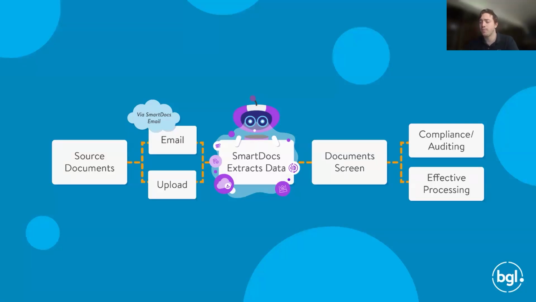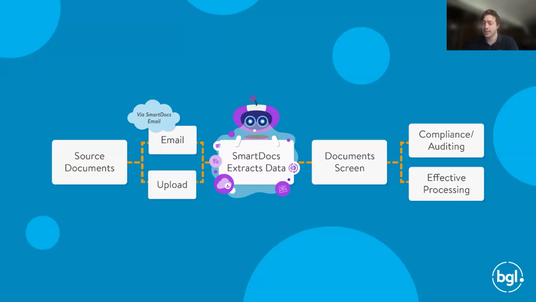So once you've uploaded a document into your entity, SmartDocs will try to extract the data automatically. SmartDocs is trained to read certain supported document types. That's really important. It will only read certain supported document types. If you've uploaded a bank statement, for example, SmartDocs will analyze it, extract the key data and keep it for later.